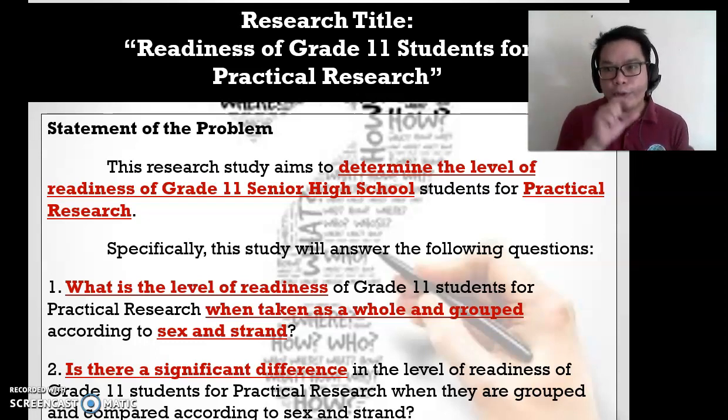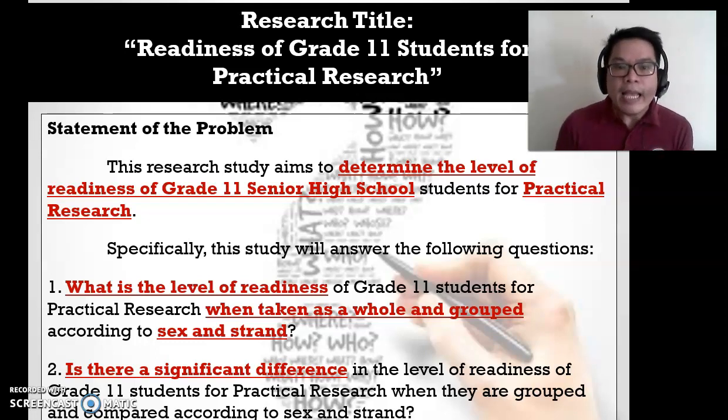After you write your statement of the problem, you can go specifically to your research questions. The first descriptive question will be, what is the level of readiness? You want to describe whether the senior high school students are highly ready or not ready. So my first question should be, what is the level of readiness of grade 11 students for practical research? In your descriptive question, you can now insert your research variables or the groupings.